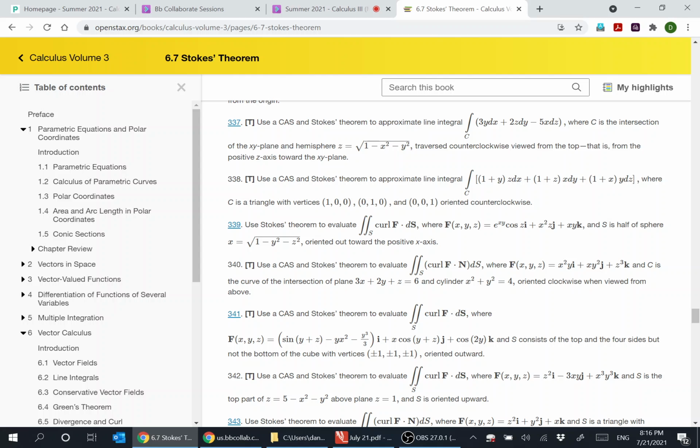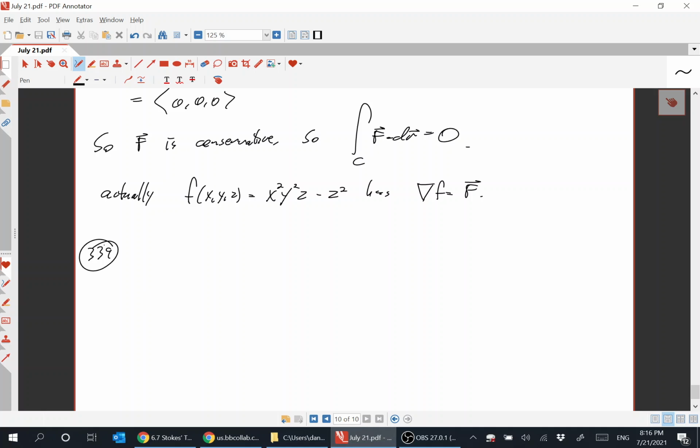So again, you don't have to use that. It's not the surface that matters, it's the boundary that matters. So you might as well pick the disk. So for 339, S is equal to, let me draw it first.